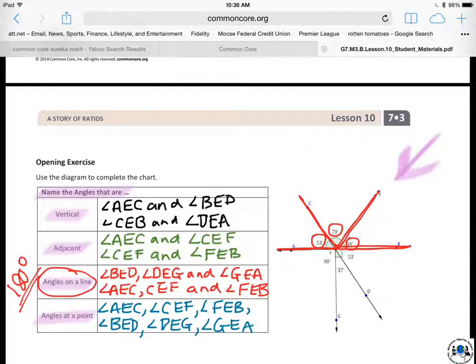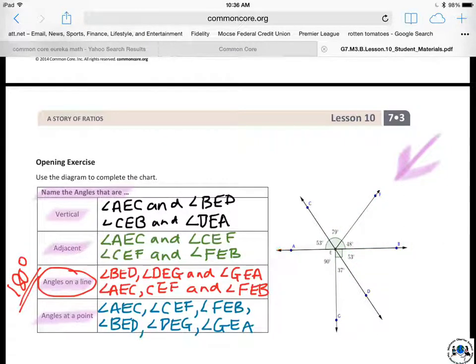It's not always a safe bet to assume a line is a line, but if we did add these up, 53 plus 79 plus 48, we would have come up with 180 degrees. So they are angles on a line, and of course those on the bottom underneath here, if you did that, are also angles on a line. Okay. All right. So the last one is angles at a point.